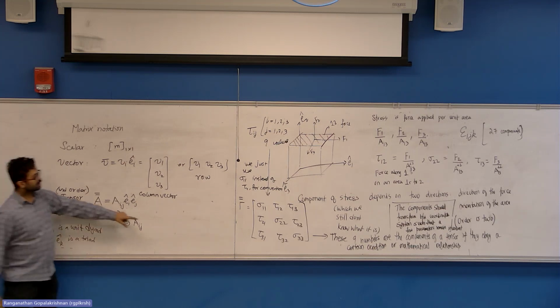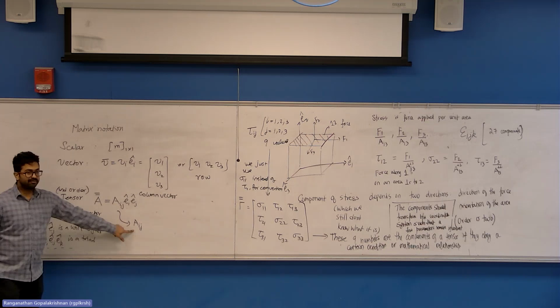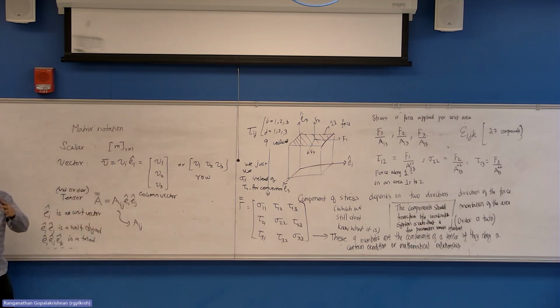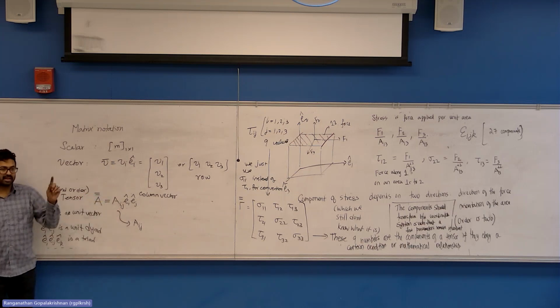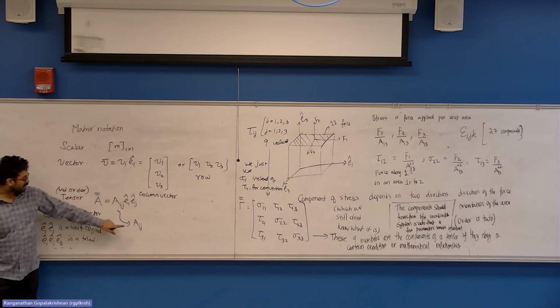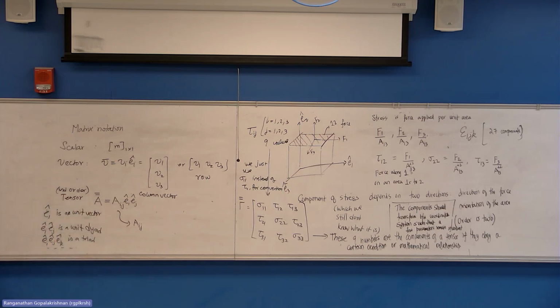The tensor is a set of 9 numbers, and this is a scalar which is part of a tensor. So the word tensor itself refers to the collection of 9 numbers, not to any one number individually. And when I say component of a tensor, I'm talking about a single number, a single scalar.